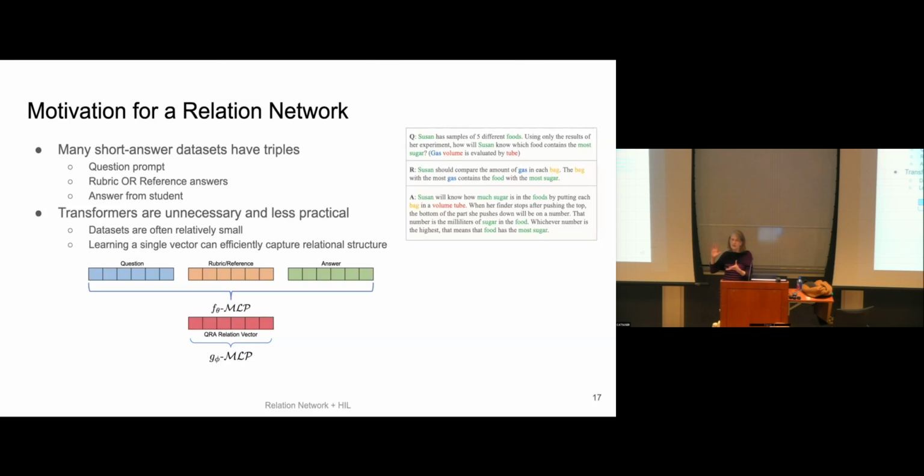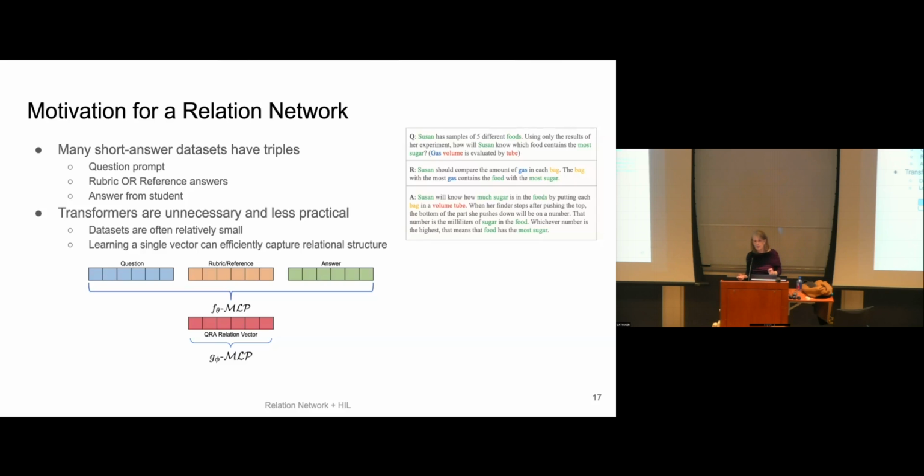For other things, the question and the reference answer have more overlap with each other than with the student answer, and so on, for all pairs. So in a sense, we want to get a representation of that whole thing that captures those interrelations. That's the conceptual motivation.